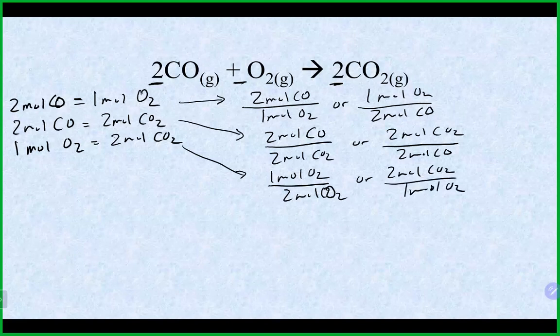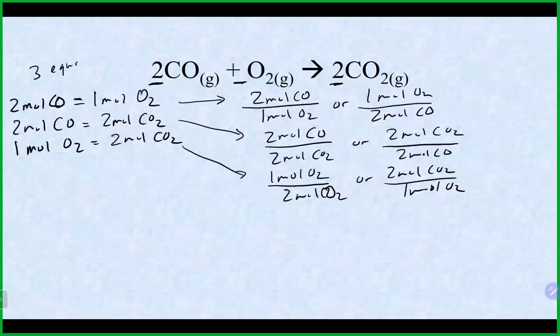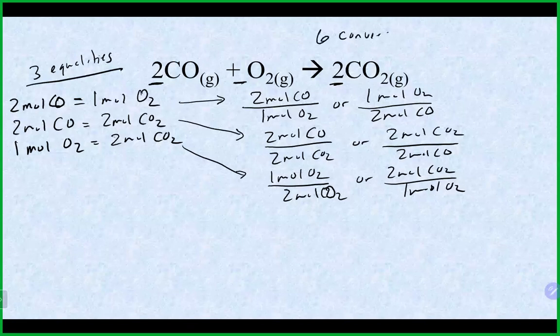So we have basically 3 equalities that we could get from this equation. We also have 6 conversion factors that we could actually use.